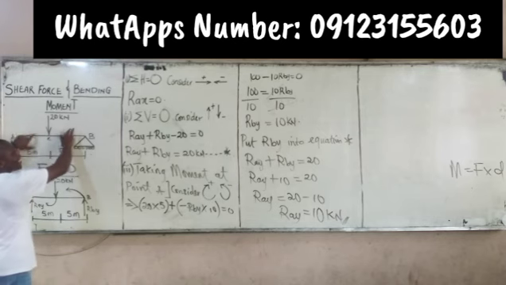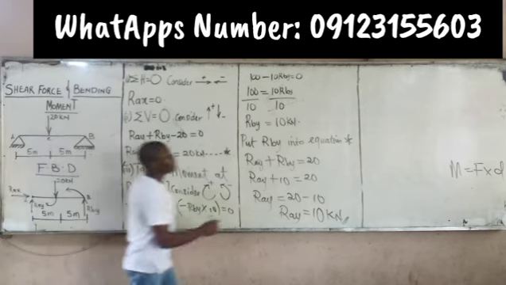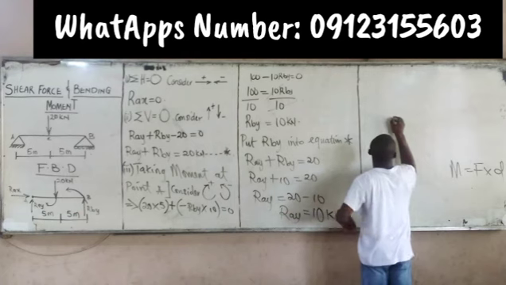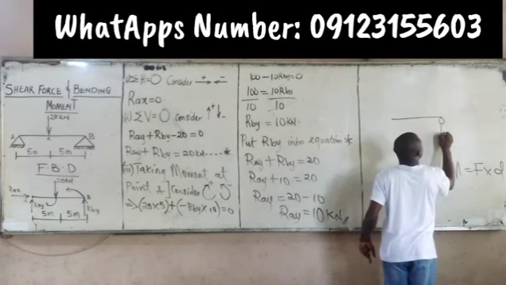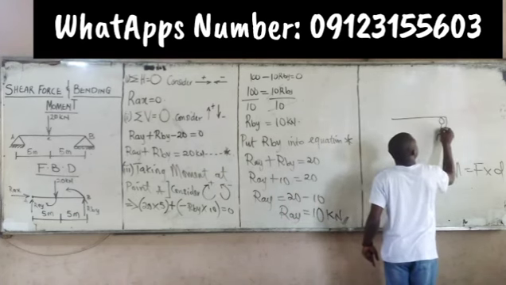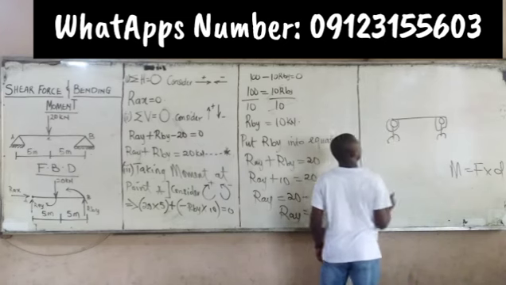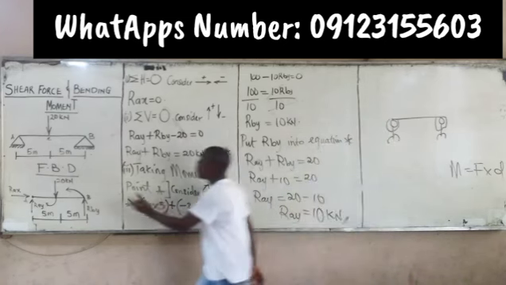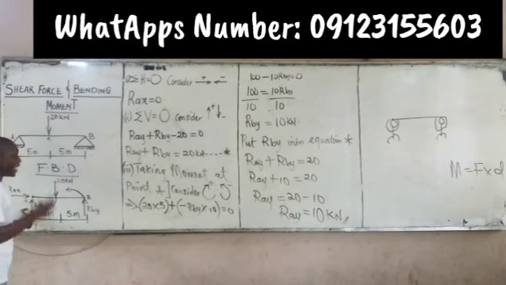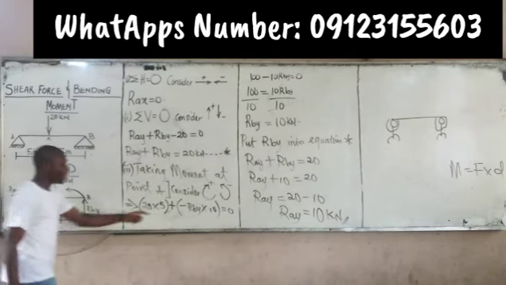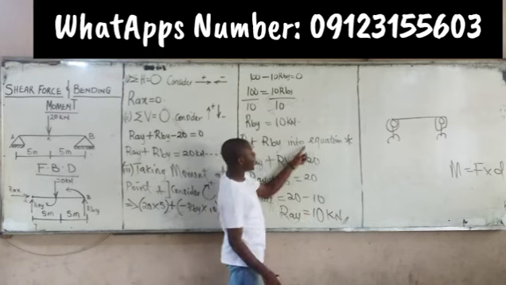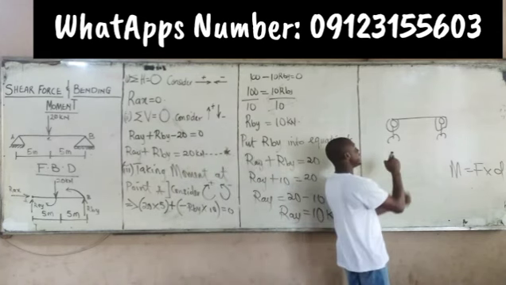Right? This man here, I can illustrate something. If I say that beam can be drawn in this manner, let's say this is person A holding this beam, person B carrying this beam. What we just got now is that RA is 10, RB is 10. Hence, let's say the power this man has is 10. This also has 10.